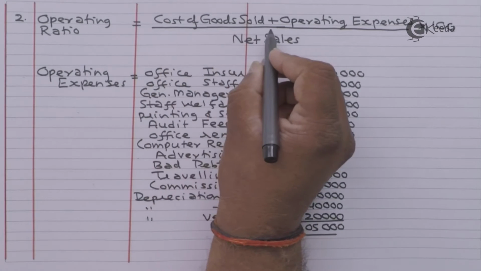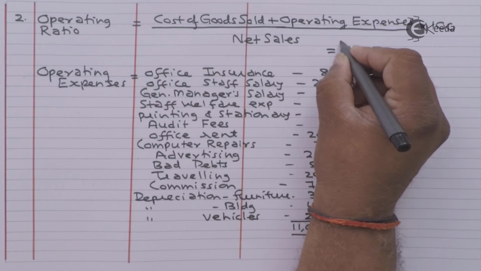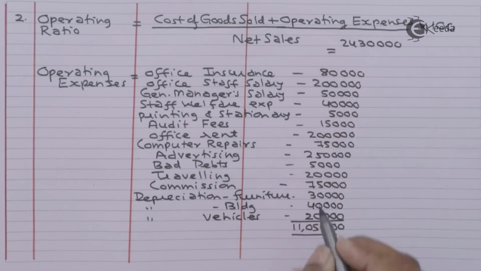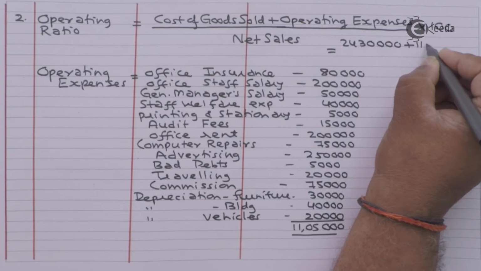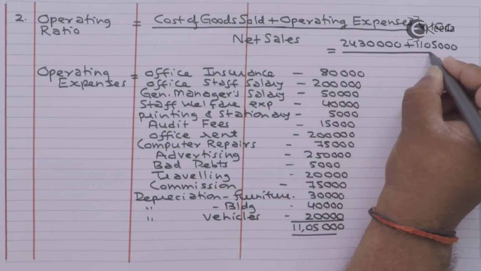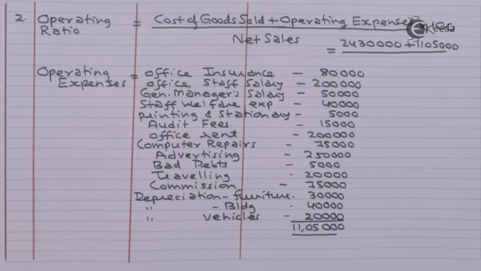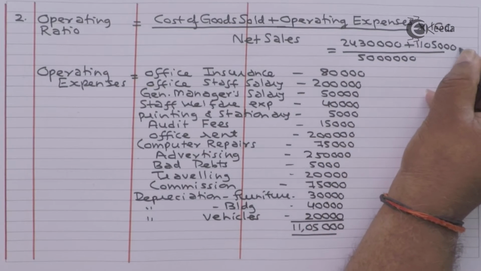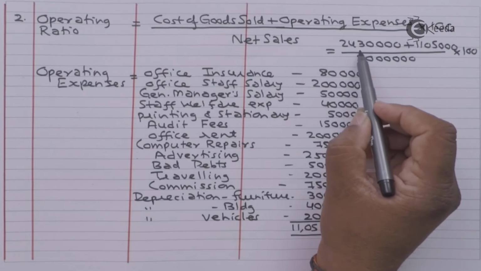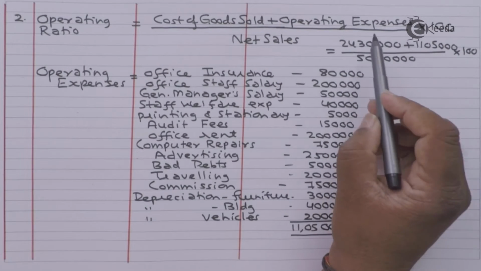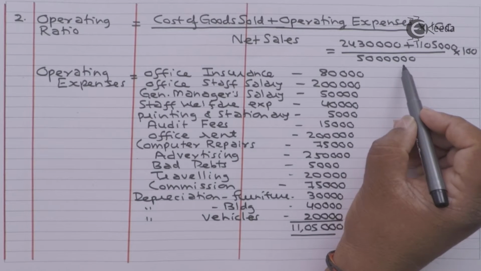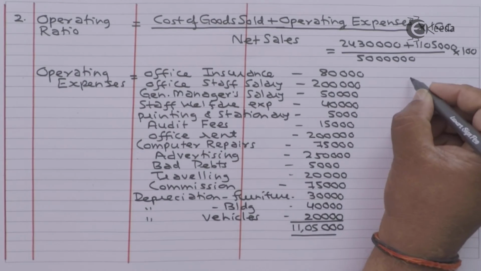So cost of goods sold 24 lakh 30,000 plus operating expenses 11 lakh 5,000 divided by net sales 50 lakhs multiplied by 100.